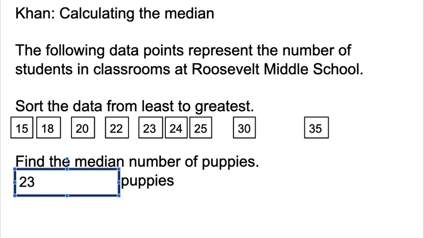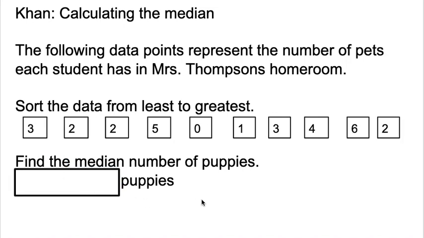So let's go ahead and look at this next example here, okay? The following data represents the number of pets each student has in Mrs. Thompson's homeroom, okay? So we just collected the data. One student had 3, 2, 2, 5. One student had 0 pets. So this is the number of pets that students had when they surveyed that.